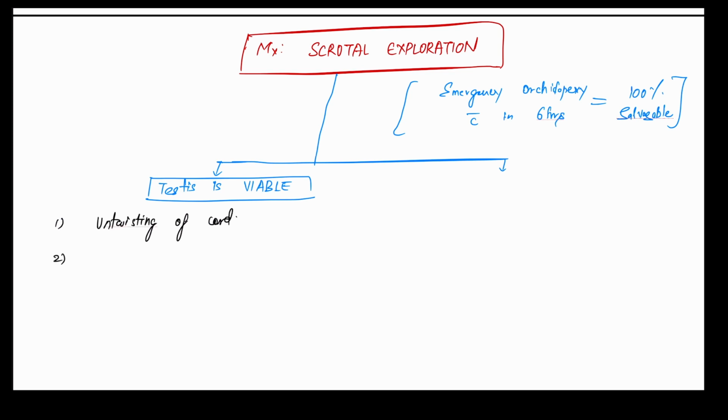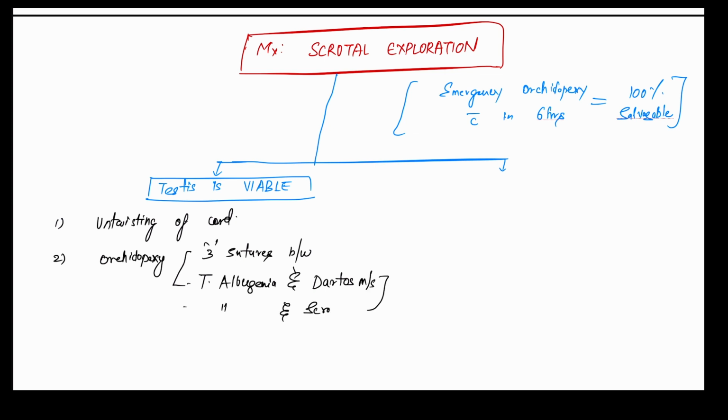We can untwist that spermatic cord, and we can prevent retorsion by orchidopexy, by taking 3 suture bites with non-absorbable suture between tunica albuginea and dartos muscle, or tunica albuginea and scrotal raphe. Here we are untwisting the cord and we are preventing retorsion by just fixation to surrounding structures.